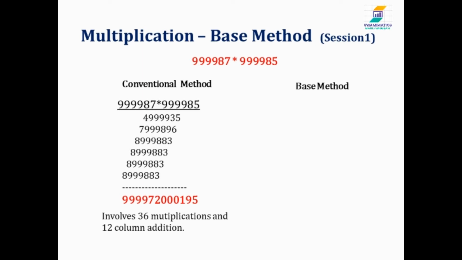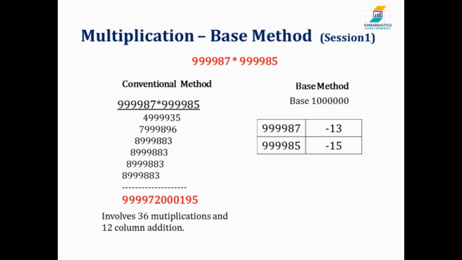Now let us look at how we do it in Vedic maths. Right? Here in Vedic maths, what we call the base method, I list the numbers one below the other. Now since the numbers are close to 10 lakhs, I take 10 lakhs as the base for the multiplication.